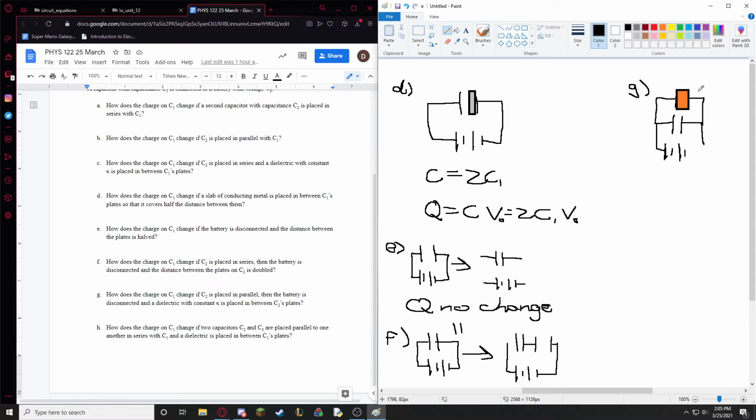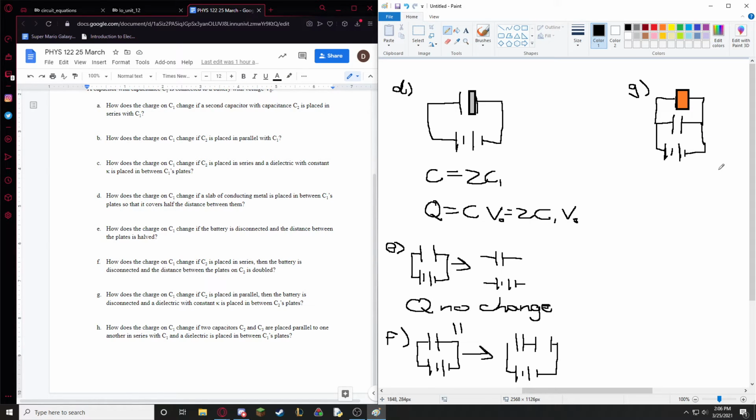You're not sure? Okay. So, do we remember our loop law where the total voltage drop around any loop is going to be 0? So we know that the voltage drop across C1 is going to be the exact same as the voltage drop across C2, right? That's when the battery is connected.